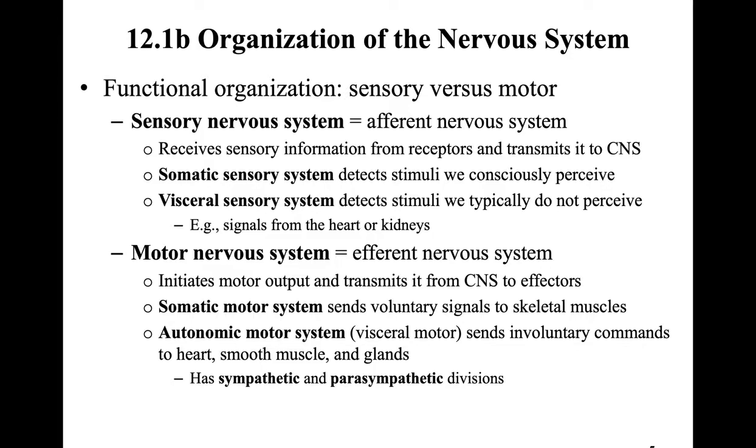So somatic is going to be voluntary, skeletal muscles. Then at the very bottom of this slide, we have autonomic nervous system, and that's with the autonomic. Now, for Nemish, the word autonomic means automatic. It's involuntary. So autonomic, automatic, involuntary.